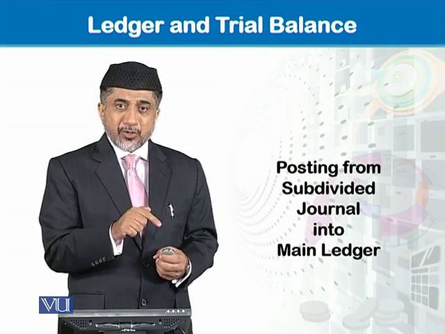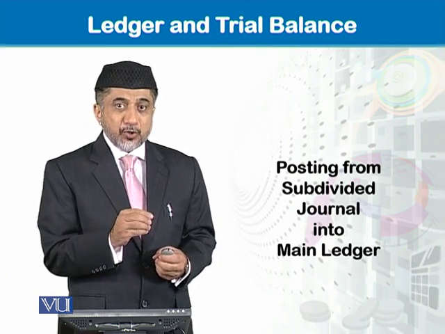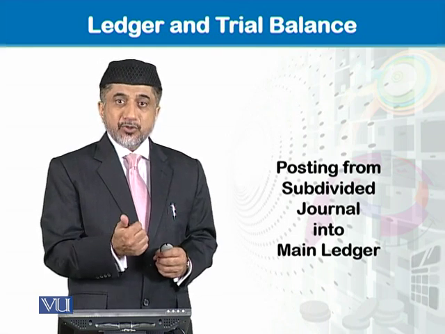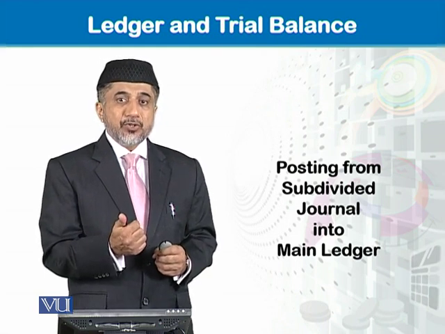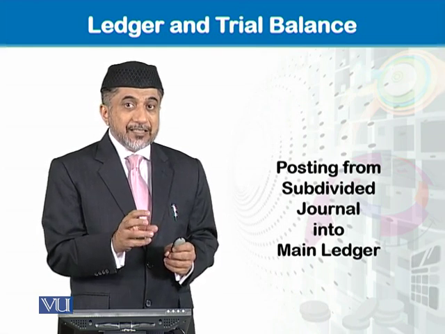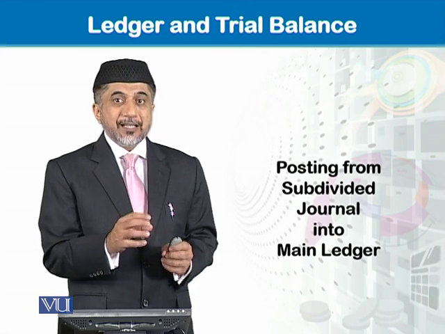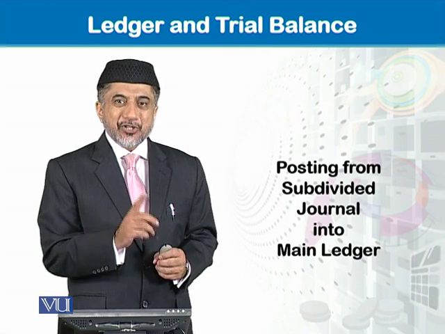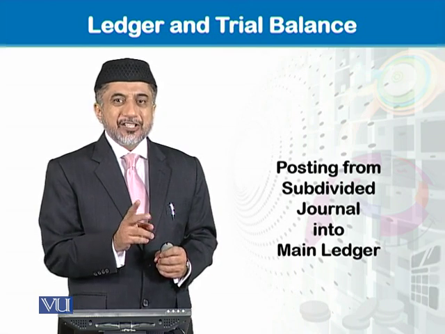But in this module, we will not discuss posting from cash book to main ledger or posting from petty cash book to main ledger. In this module, we will be focusing on those subdivided journals which are about credit transactions. Yes, recall your memories. These are the purchase journal and sales journal.